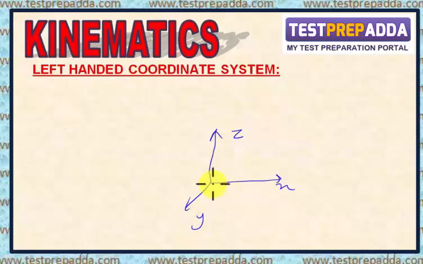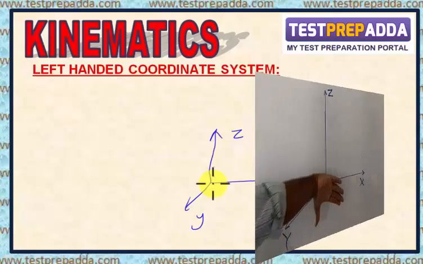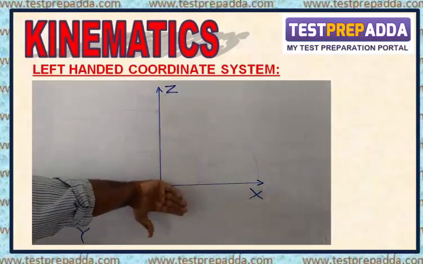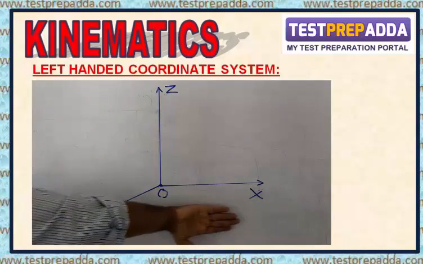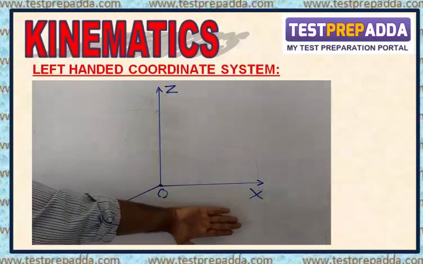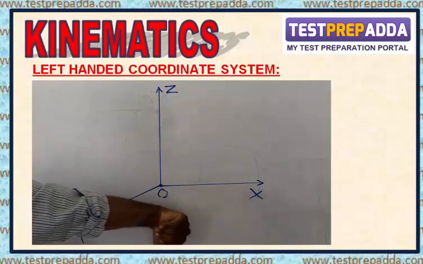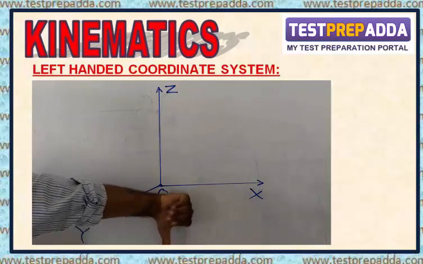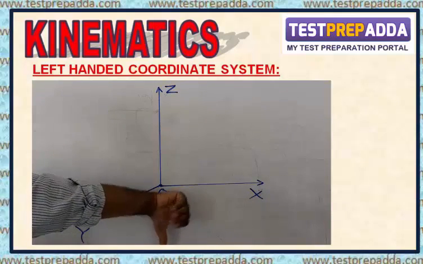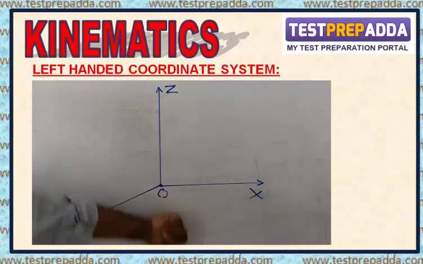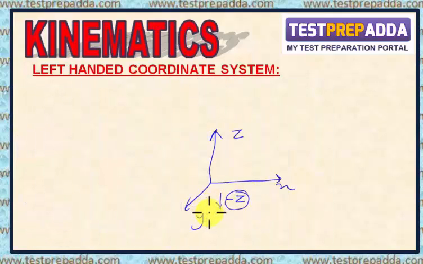So if you put the fingers of your right hand towards x-axis, and you move your fingers from x-axis to y, then your thumb will be in minus z direction, and this is left-handed coordinate system.